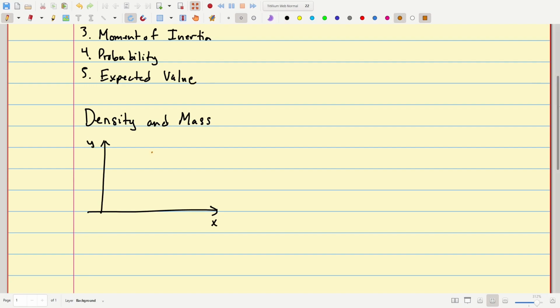If I have some region, okay, I'll draw this a little better. Okay, I have some region here, and what I'm interested in is looking at some small bit here. This would be the region that would be designated as dA if I'm integrating, right?